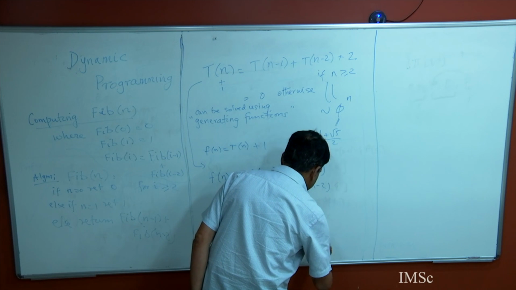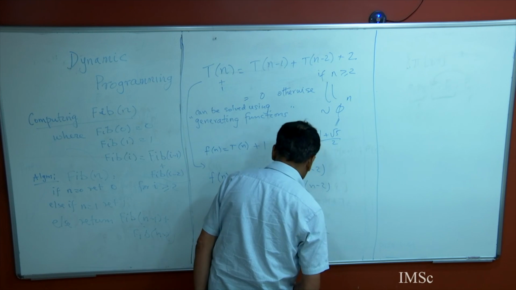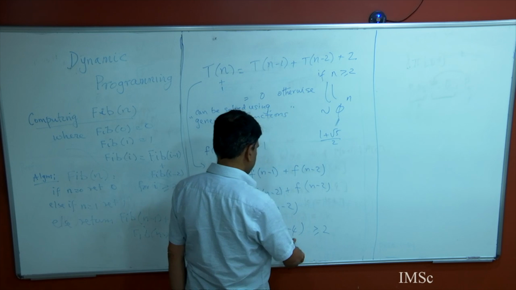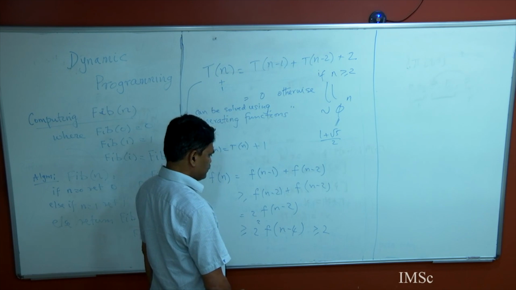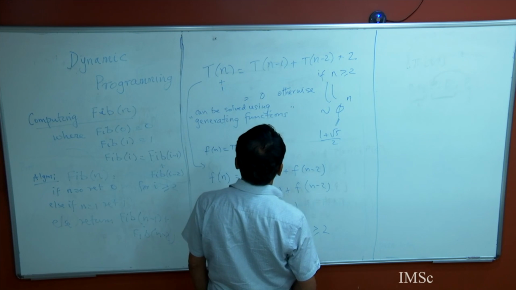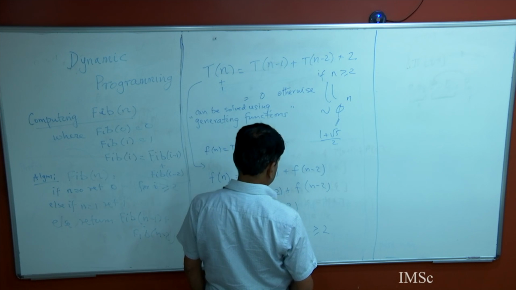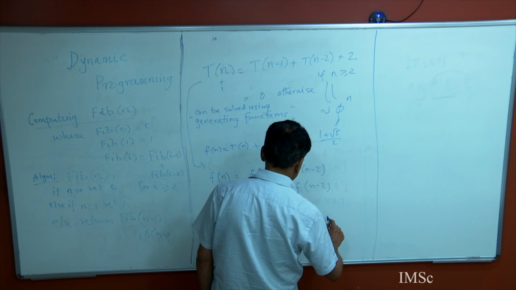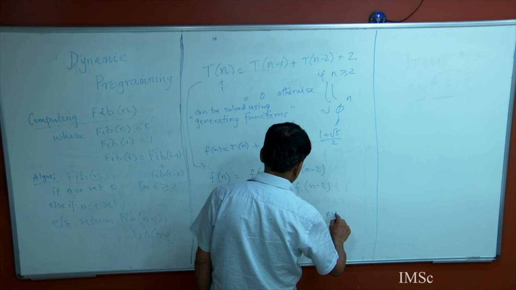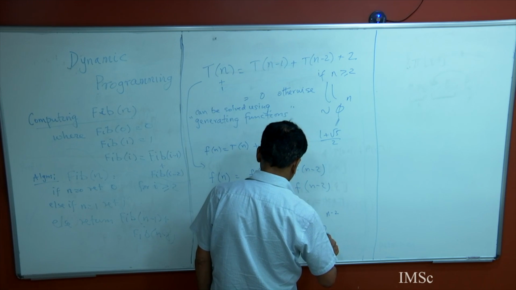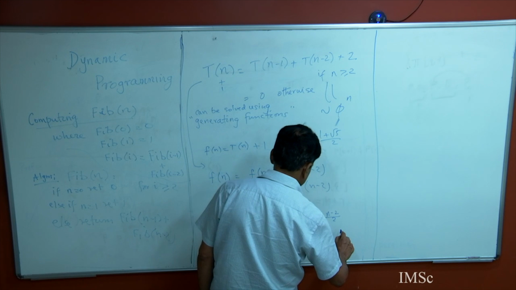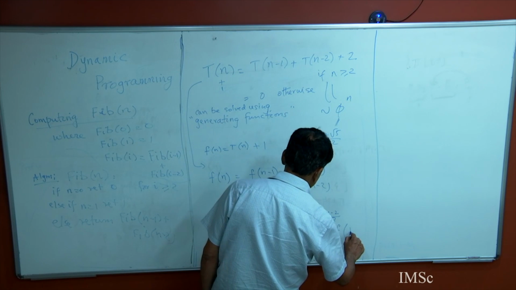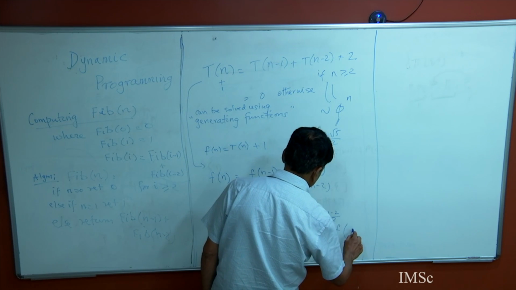So this will be like 2 power n minus 2 by 2 into f of 2.